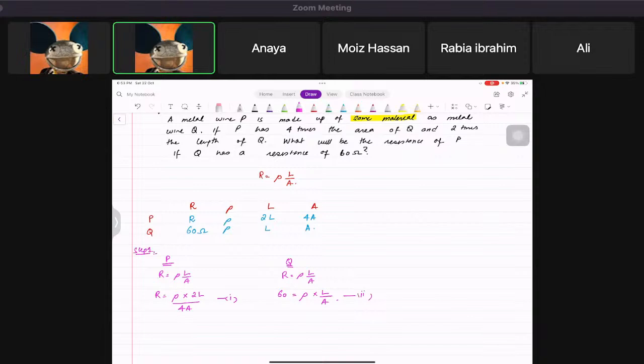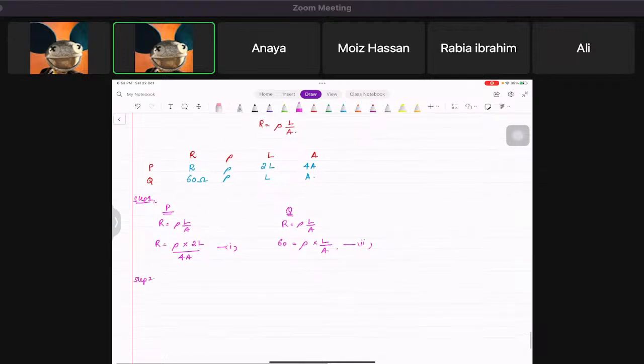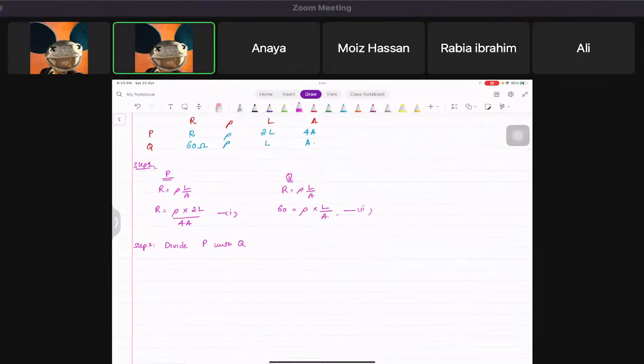Once you've made the equations, in step 2, just divide P by Q. So if you divide these equations, P with Q, you get the resistance R over 60 is equal to, because we're dividing P upon Q, rho times 2L over 4A divided by rho L over A. I put this division sign intentionally, and I'll tell you why.